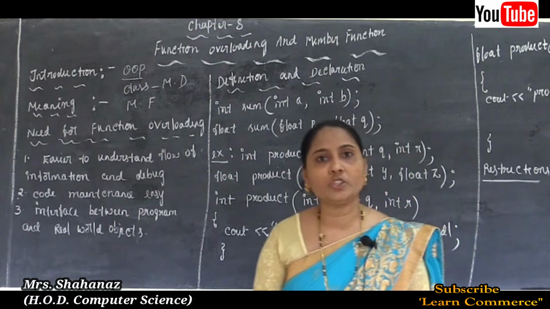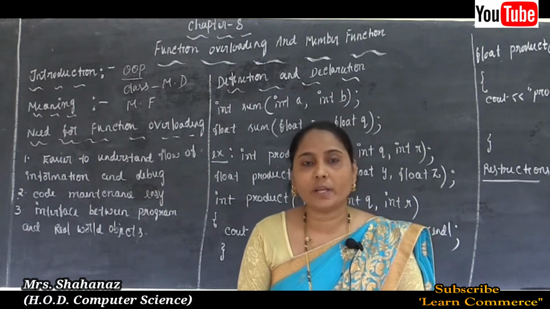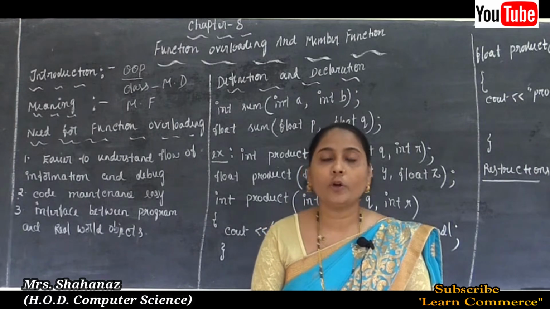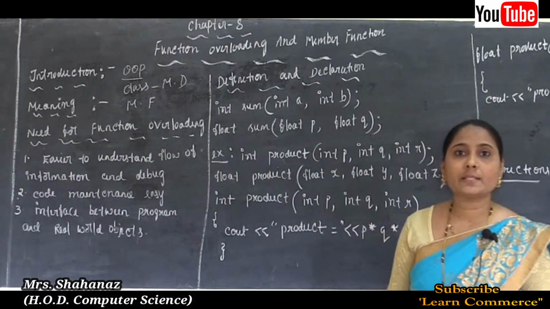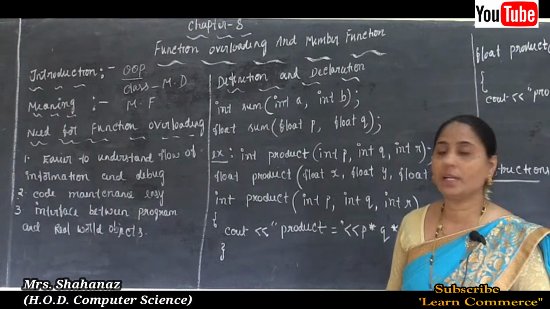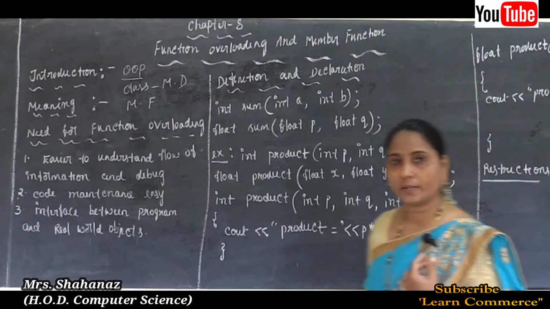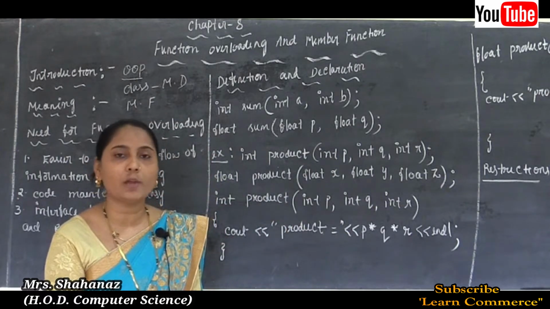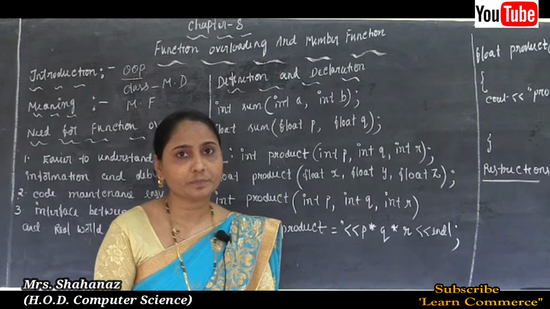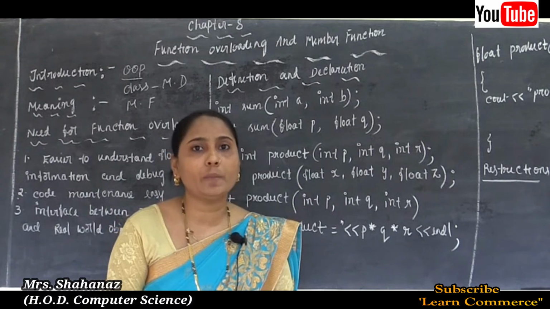Another feature that helps for easier programming, or to develop object oriented programming, is known as polymorphism. The other feature to help for easier programming is called polymorphism.